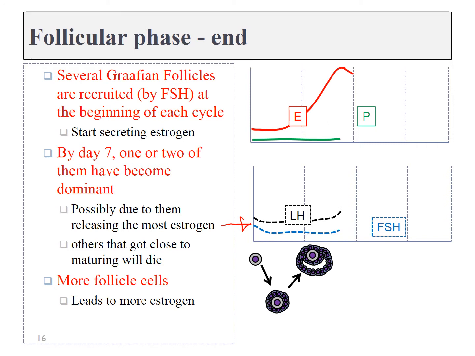As more and more follicles continue through development, ultimately, 1 or 2 of the follicles become dominant and cause the destruction of all of the others. By day 7, there should just be 1 or 2 follicles continuing in the later stages of development.